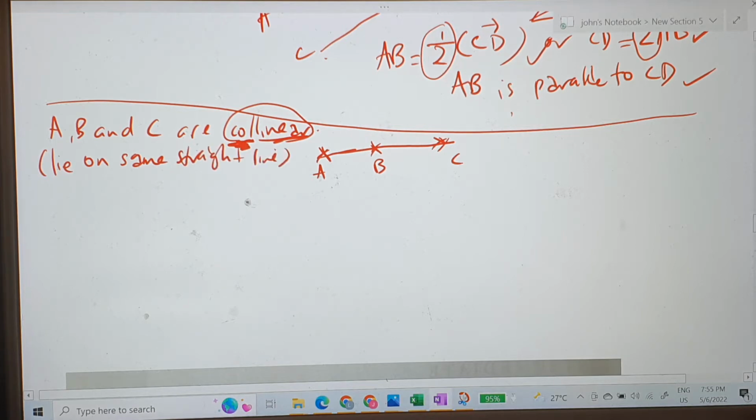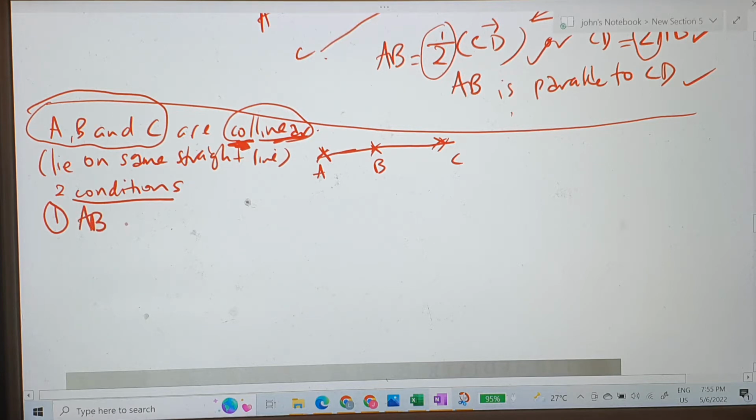Okay, now how do we prove that three points are collinear? Very simple. There are two conditions for three points to be collinear. The two conditions are: number one, AB must be parallel to, let's say, AC or BC.